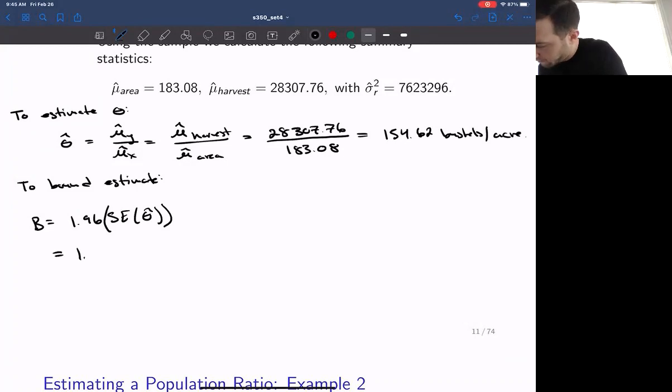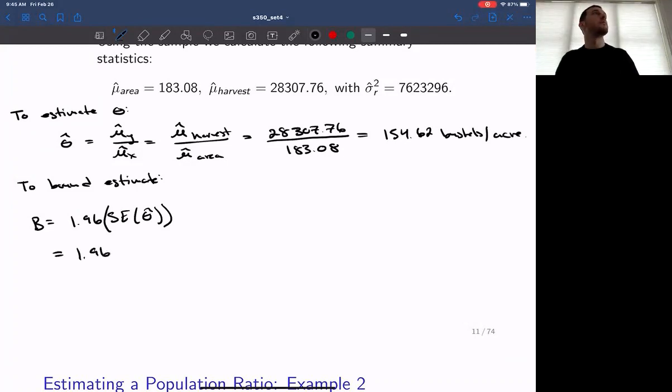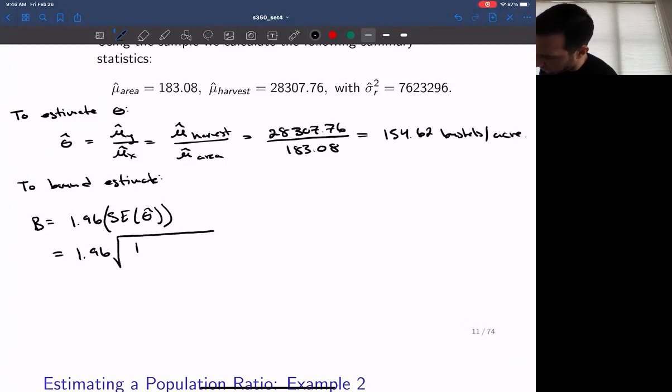So this will be 1.96 multiplied by the square root of 1 over mu x squared times sigma hat r squared over little n.